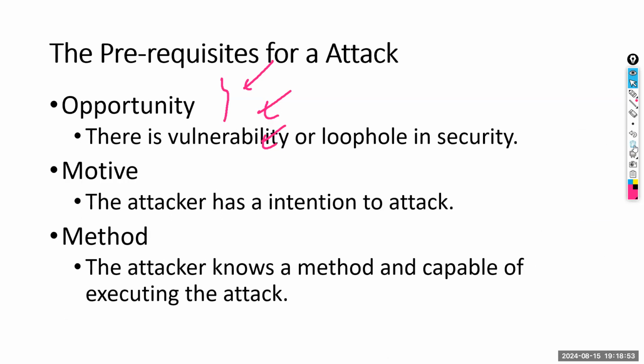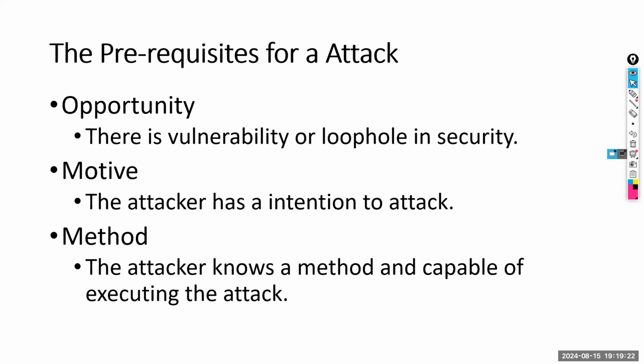So as I told you, there are some prerequisites for an attack to happen. So there must be opportunity. Opportunity means basically there are vulnerabilities. Okay. And there must be motive for the attacker. So someone must feel like, I want to use this vulnerability and attack. Maybe you want to destroy it, maybe steal some data.